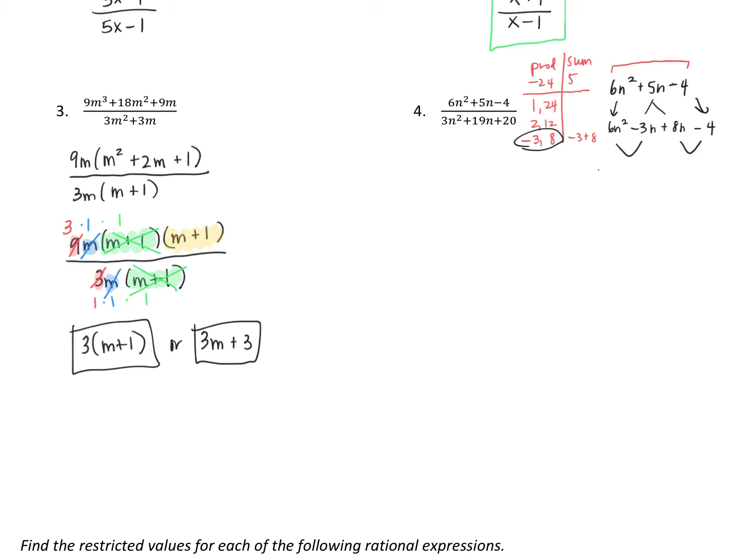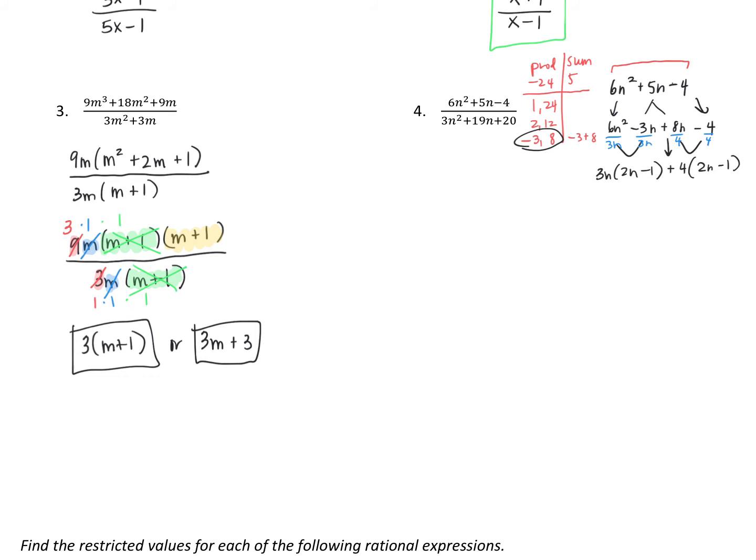Factor by grouping, we'll have 3n. So we'll have 2n minus 1 left. Bring down the plus. Factor here, we have a 4 in common. When you factor out the 4, just as a reminder, you're dividing out your common factor here. So when you factor out the 4, you'll get 2n minus 1.